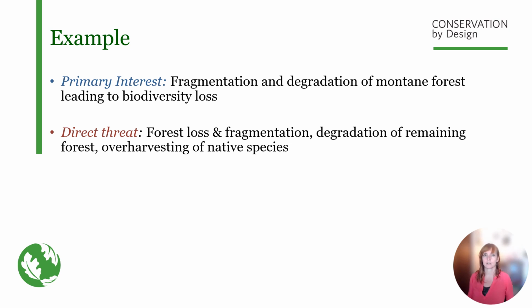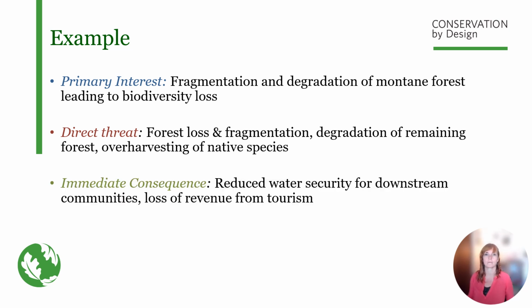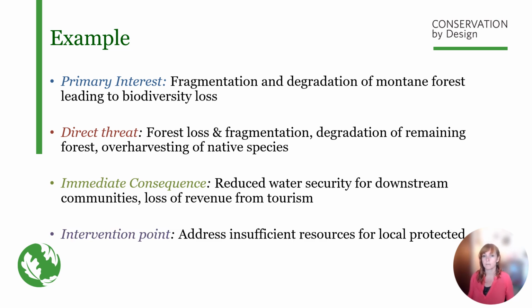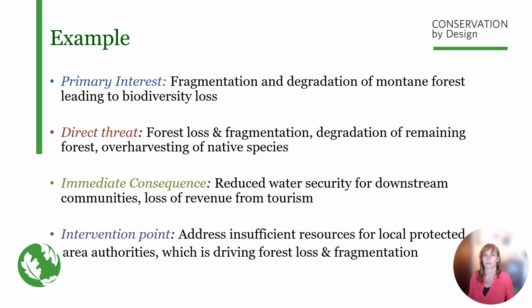Within that system, direct threats might be forest loss and fragmentation, degradation of remaining forest, and overharvesting of native species that are all contributing to that state of that primary interest, the fragmentation and degradation. Immediate consequences might be reduced water security for downstream communities and loss of revenue from tourism. And in this system, a likely intervention point might be addressing insufficient resources for local protected area authorities, again, which is found to be a driving force behind forest loss and fragmentation.